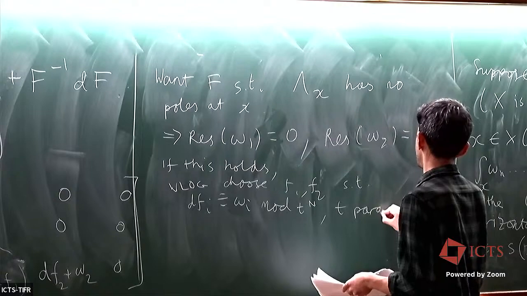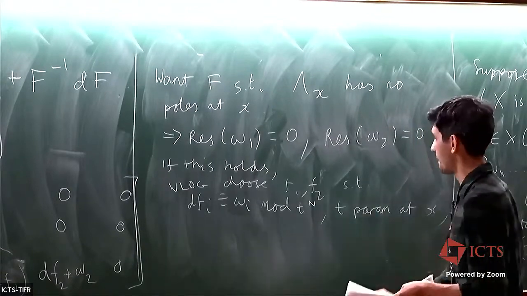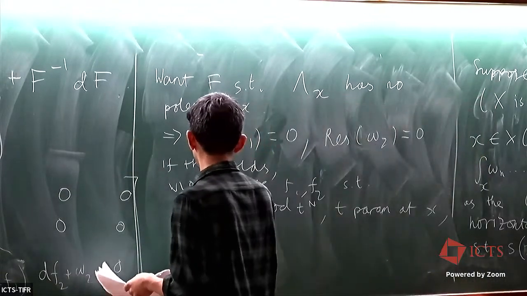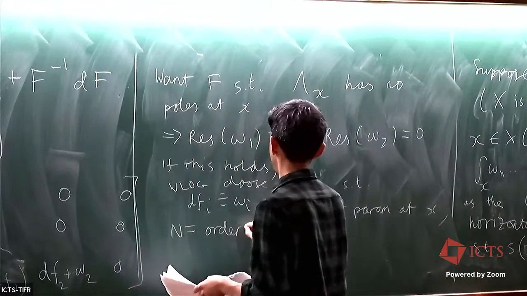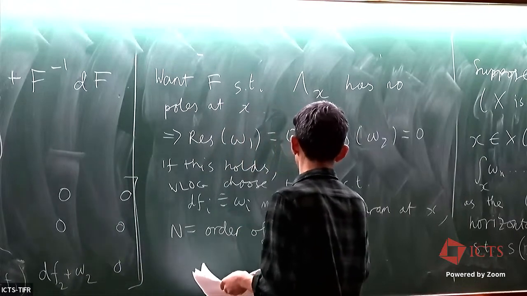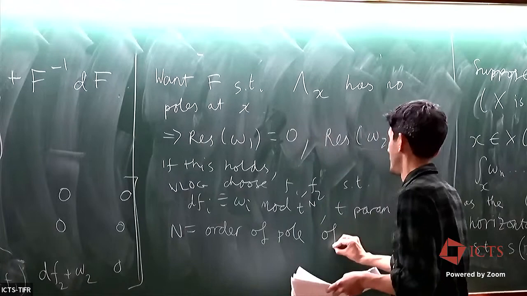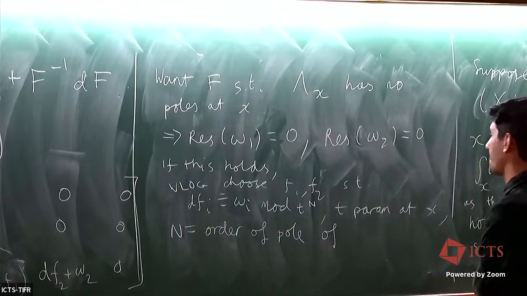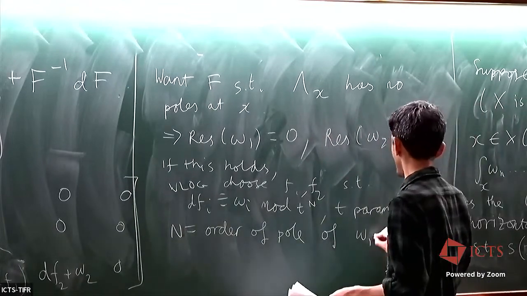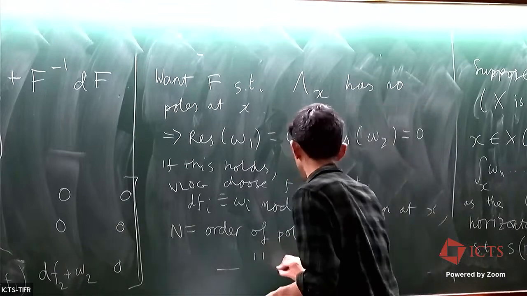at x, and n is just the order of pole of omega 1 plus the order of pole of omega 2.